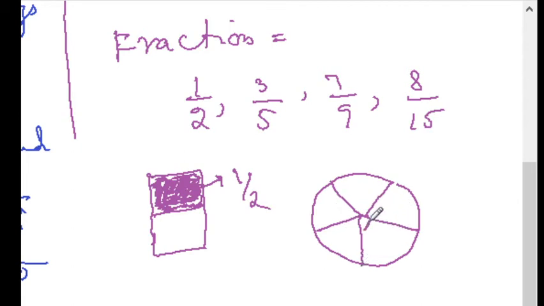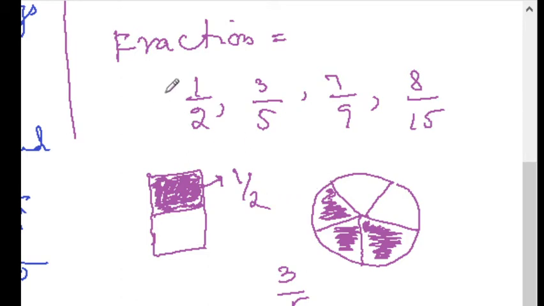Now if I color this part, this part and this part, I can say 3 out of 5 are colored. So 3 parts out of 5 parts are colored. This is how we represent fractions.